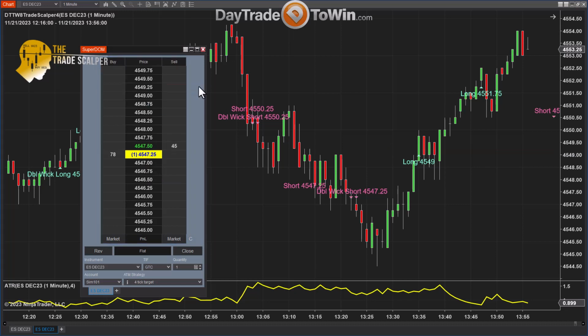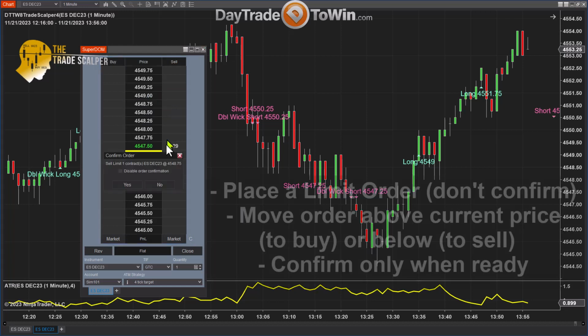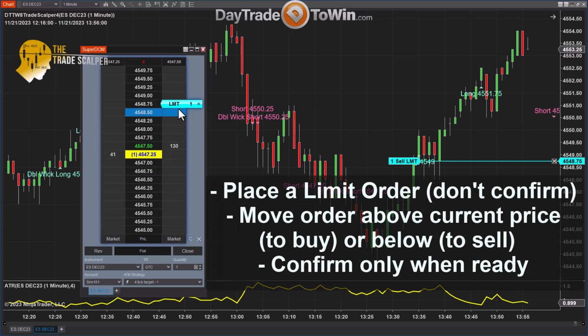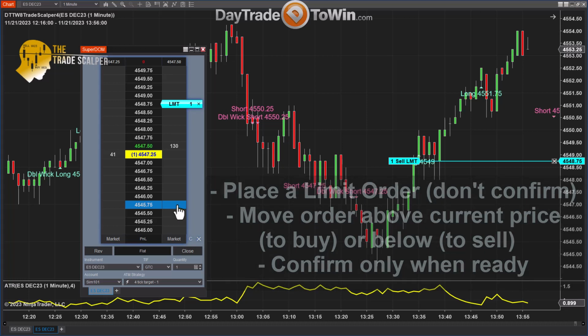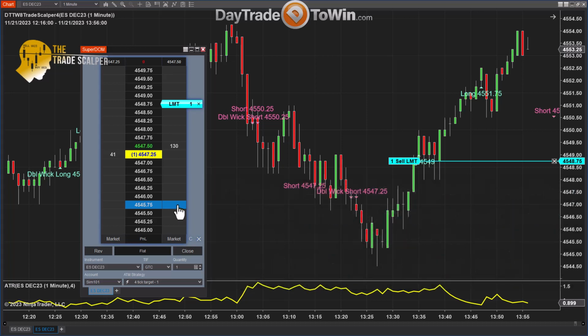And one of the ideas and methods here at Daytradetowin is, if you're trying to get a price and you don't want slippage, we can do a little bit of a hack, which is placing the order here on the chart and then waiting for the signal to appear. A lot of the methods that we teach show you, before the software and the signal appears, that there's going to be a short or a long.